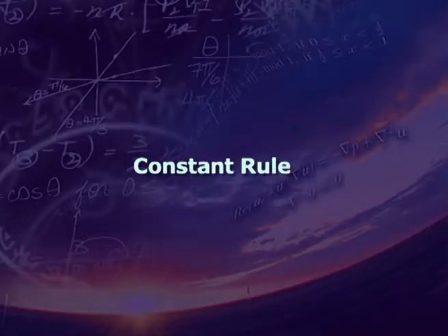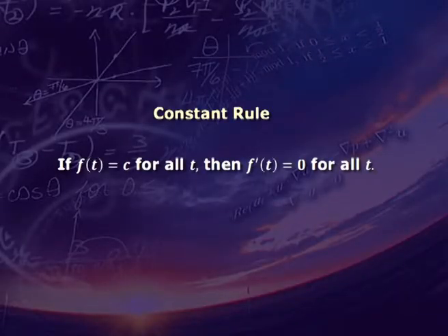Rules of differentiation. Let us now consider some rules of differentiation which are helpful in evaluating the derivatives. Constant rule: if f of t is equal to c for all t, then f dash t is 0 for all t.